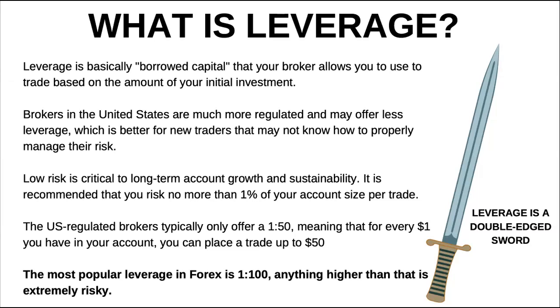So if you have $100 in your account, for every $100, you can trade $50. I'm sorry, for every $1, you can trade $50. So it just depends on how much you are putting in your account. So $1 actually equals $50 in your account.